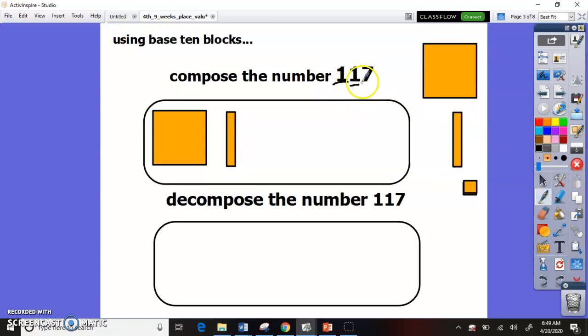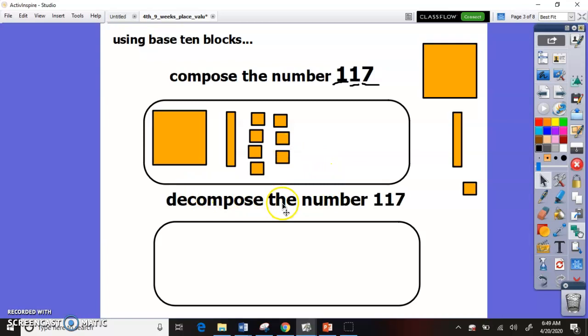And 7 ones. 1, 2, 3, 4, 5, 6, 7. I have 100, 110, 111, 112, 113, 114, 115, 116, 117.